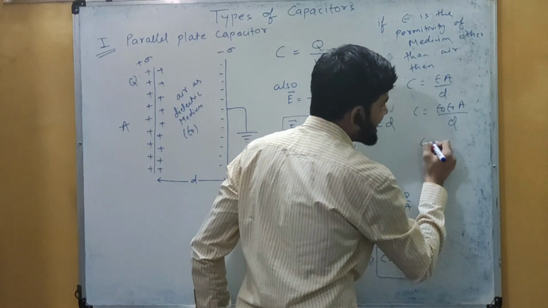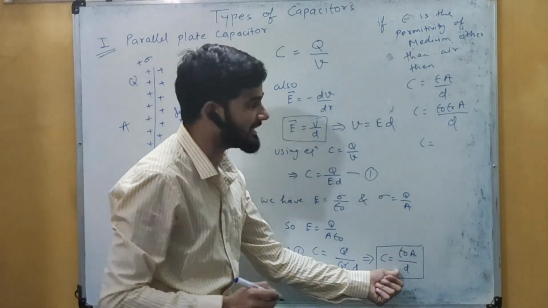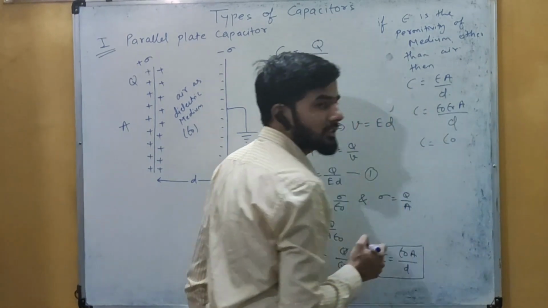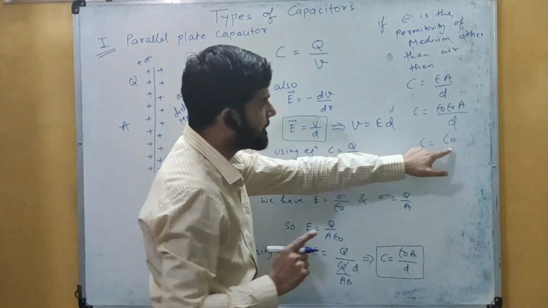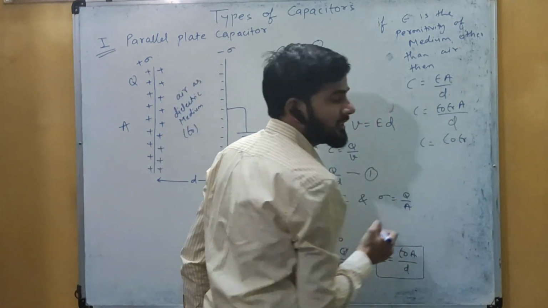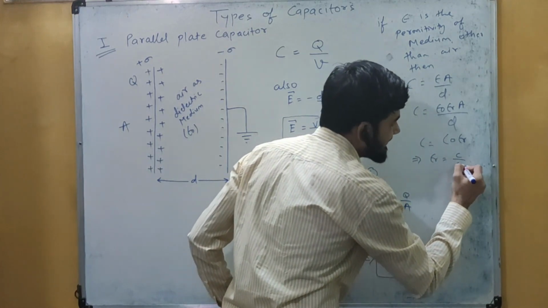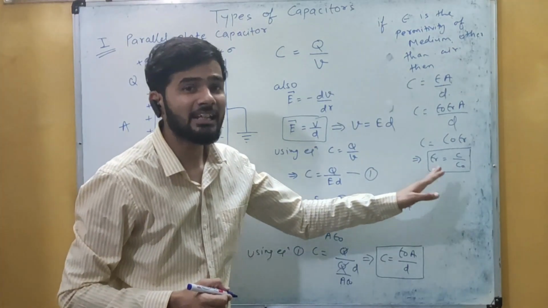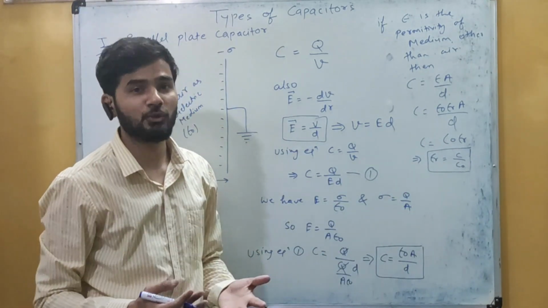Okay, now here I can write this C is equals to this epsilon naught A by D, that is the capacitance. I can write C naught. C naught is the capacitance of the system when we have air as a medium, into epsilon R. So I can write this epsilon R is equals to C by C naught. So this is how we can define the relative permittivity in the terms of capacitance also.